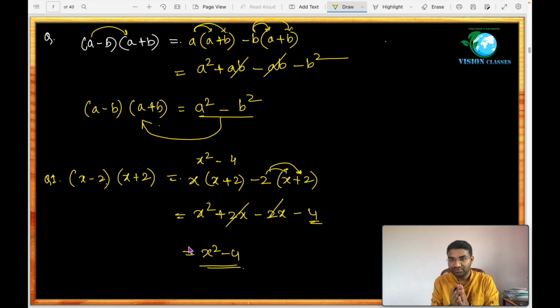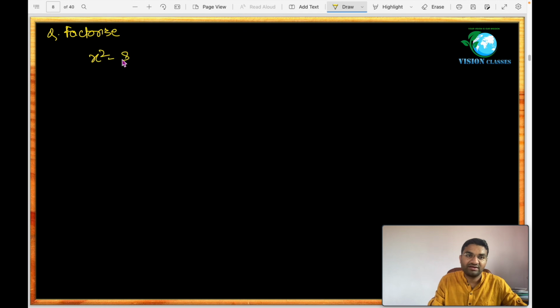Getting it? So basically, if we are given this kind of equation and asked to factorize it, you just have to check what a² is here. Let's say we have a question: factorize x² − 81 = 0, right?